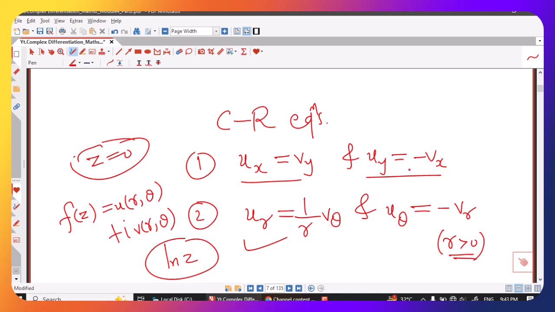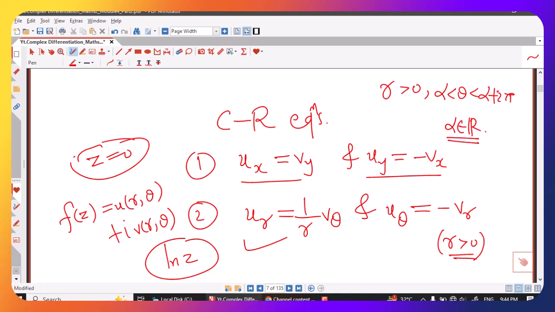We can use the Cauchy-Riemann equations to determine the differentiability of this logarithmic function restricted to the domain given by r greater than 0, alpha less than theta less than alpha plus 2 pi, where alpha is a real number.